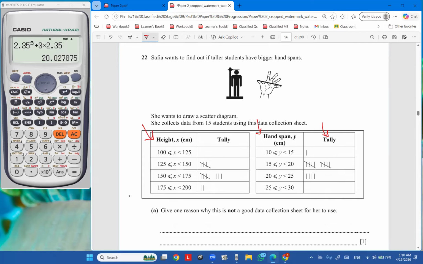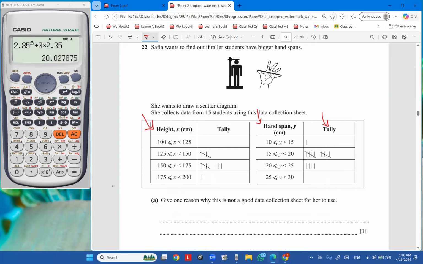Give one reason why this is not a good data collection sheet for her to use. Well, I don't know which height is with which hand span. She's saying that she wants to find if taller students have bigger hand spans. How can I know? They are not connected.